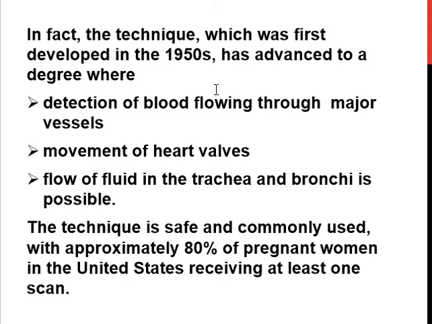In fact, this technique, which was first developed in the 1950s, has advanced to a degree where detection of blood flowing through major vessels, movement of heart valves, and flow of fluid in the trachea and bronchi is possible. This technique is safe and commonly used, with approximately 80% of pregnant women in the United States receiving at least one scan.